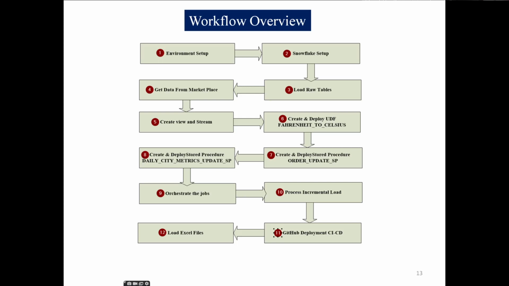We create two other stored procedures to merge data in the order table and in daily city metrics, and then orchestrate all the jobs using tasks. Finally, we will manually simulate a process of incremental load, and we will do the Git integration. And a final tip is to load some Excel data to see how to do that.